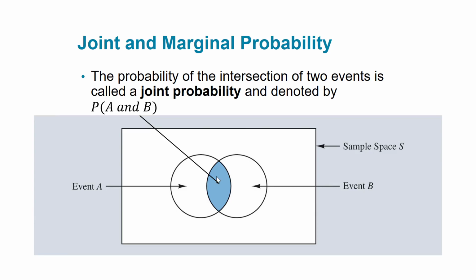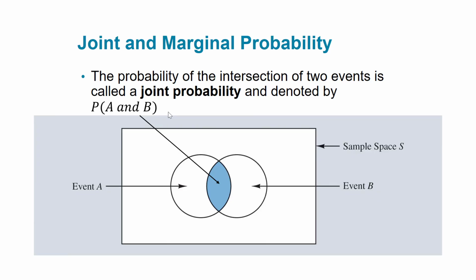Joint probability because it's the intersection of the two circles, and we denote it as probability of A and B because whatever is in the blue ground, it basically belongs both to A and B, right? So whatever happens here makes both event A and event B occur. That's why we call it probability of A and B.